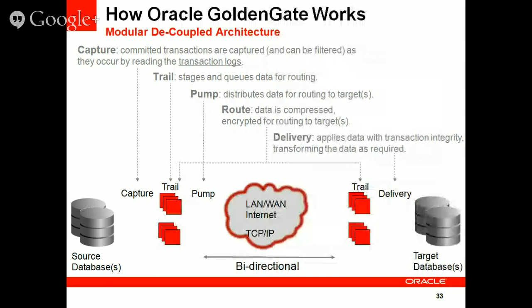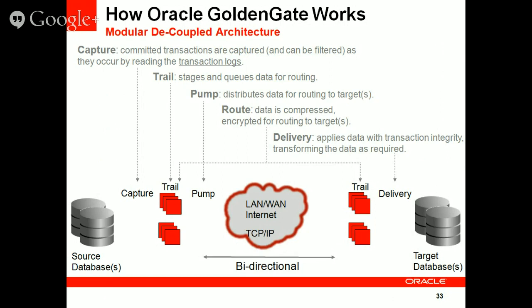So how does Oracle GoldenGate basically work? You can see the source database, and the changes will be captured in the trail files. What kind of capture will be done? The committed transactions are captured from the transaction logs, and they are put inside the trail files.